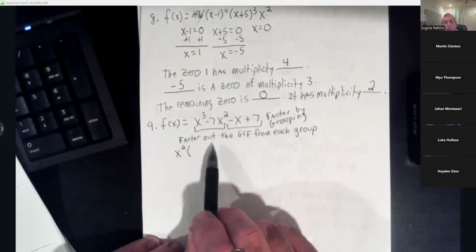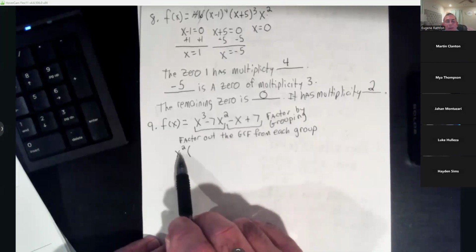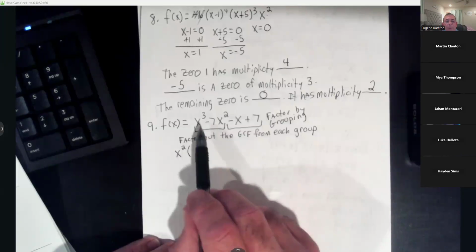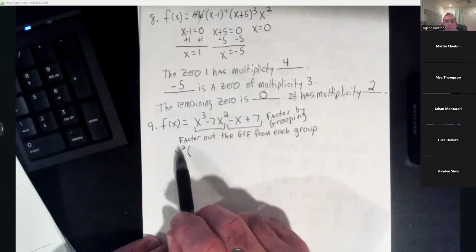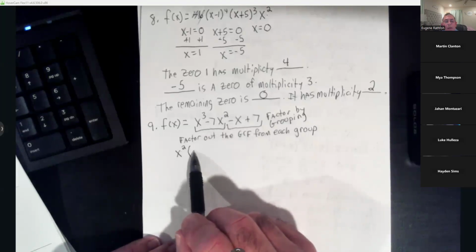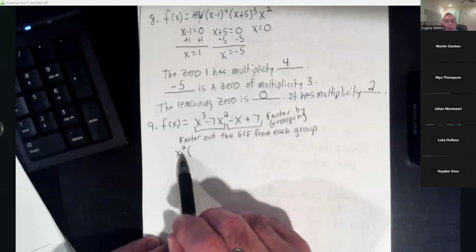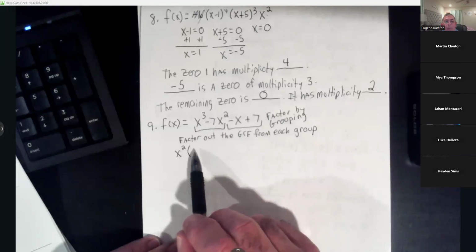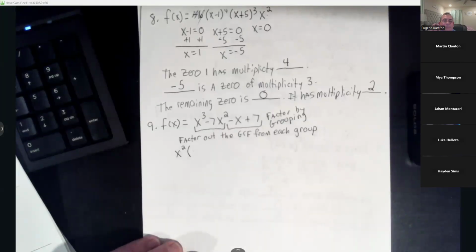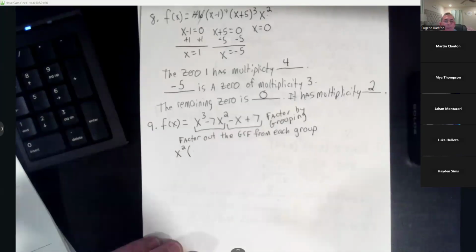Now what I want to know, when you factor out a GCF, you're basically dividing both of these by that x squared. So what would go here for my x cubed divided by my x squared? What's left? Remember, you had to divide them.